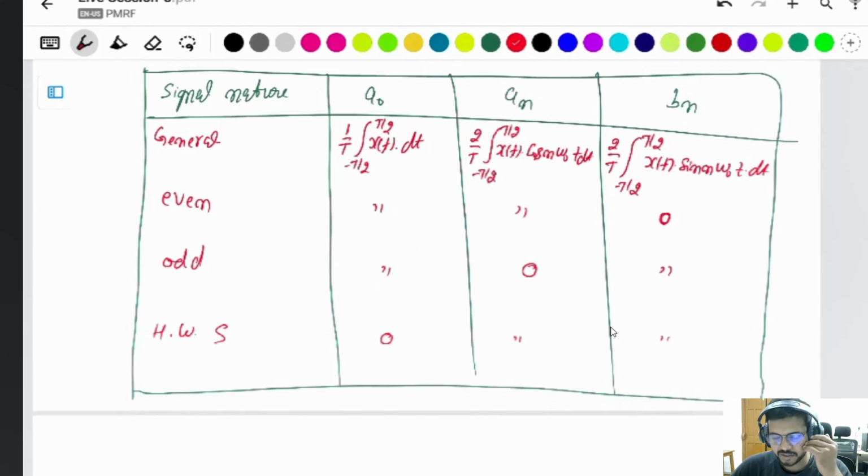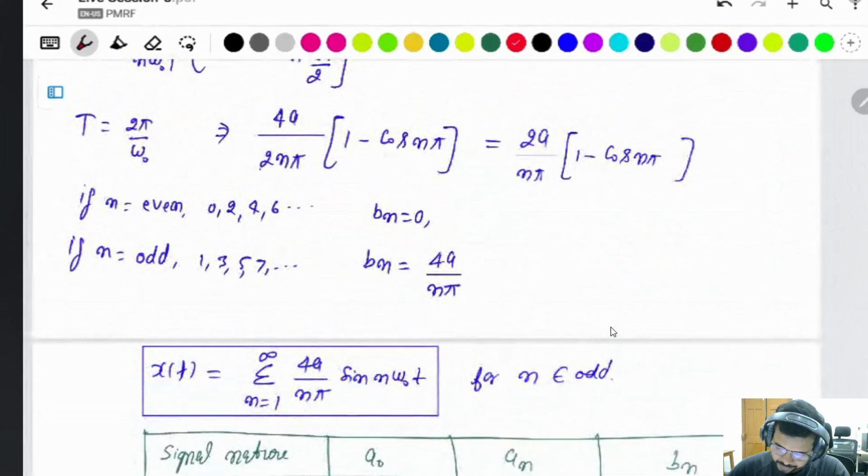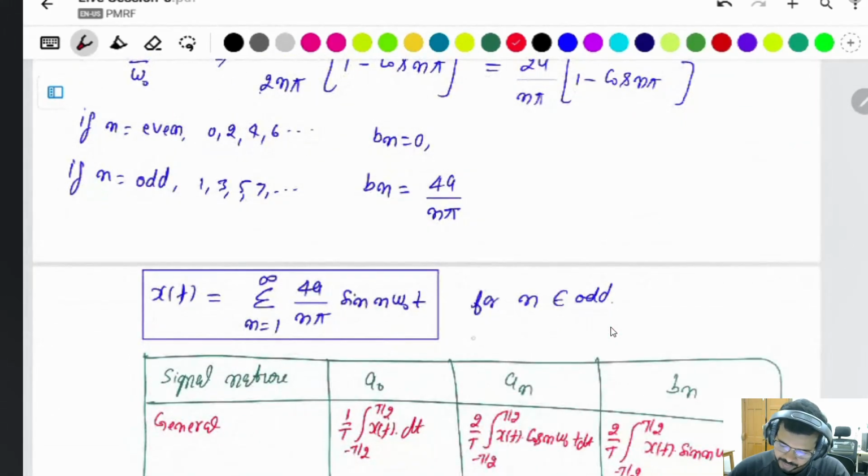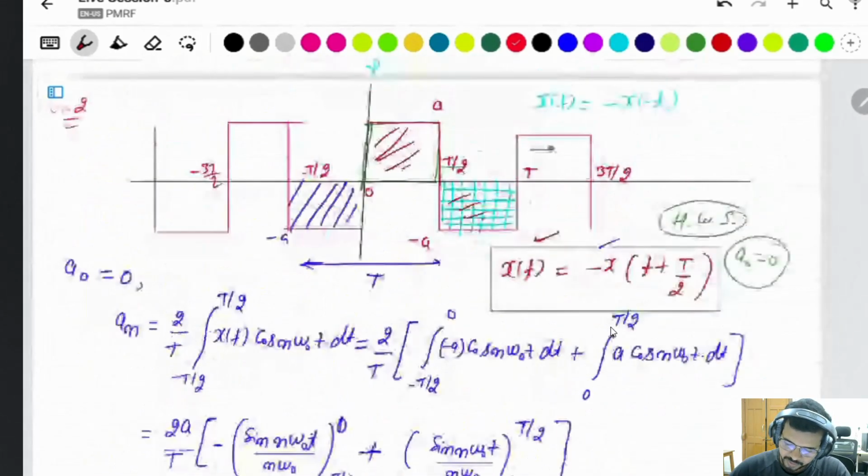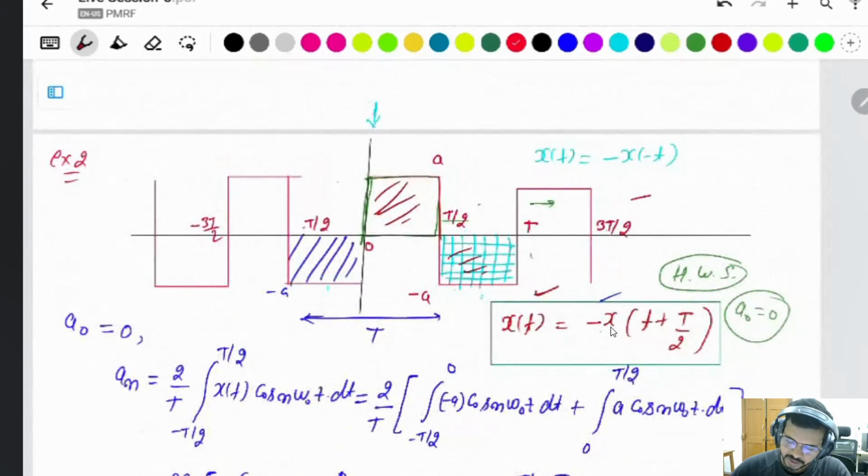Even will be 0. Here only for n equal to odd this will be present, and for even it will be 0, because this has half wave symmetry.